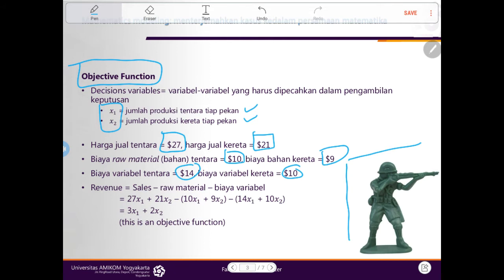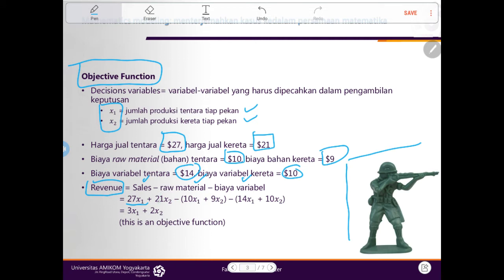Okay, the whole idea for revenue is sales deducted by raw material and variable cost. Okay, this is the sales of soldiers, price times the quantity, x1 is the quantity.